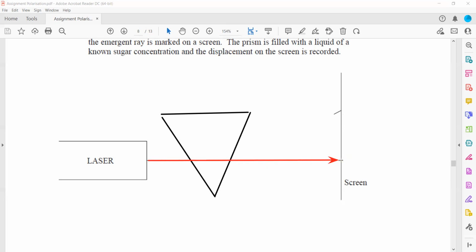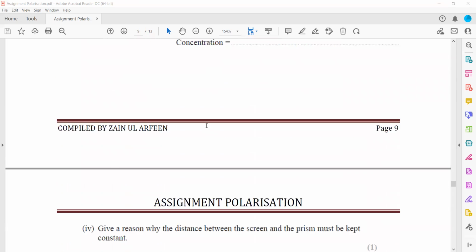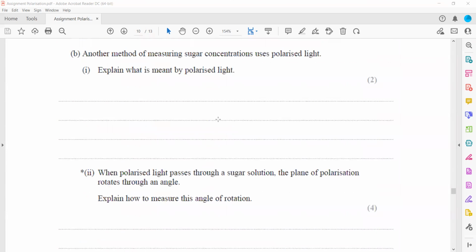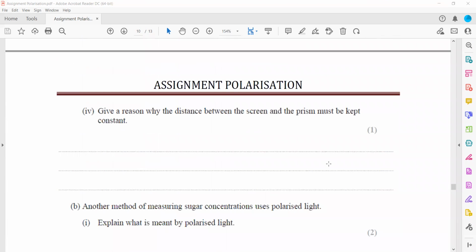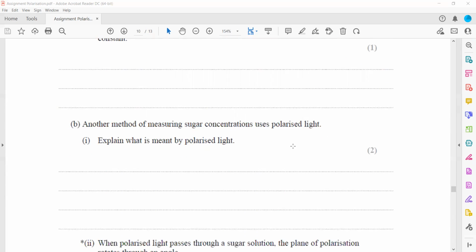This is if there was no liquid present, and if there's a liquid present, then in that case light has to cover a greater distance. As a result, the displacement will increase. So why must this distance between the prism and the screen be kept constant? Because it can affect the displacement. So 1 mark is there. We'll just mention that it can affect the displacement.